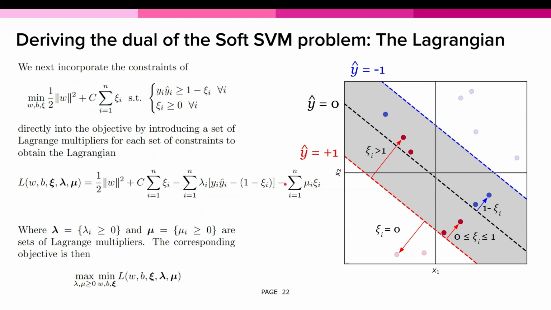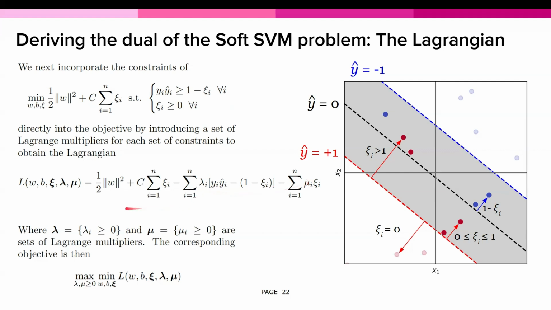We introduce these constraints using Lagrange multipliers to form the Lagrangian. It's going to allow us to enforce these constraints while keeping the problem in this unconstrained form. In the Lagrangian now you can see that we have two sets of Lagrange multipliers. We've got lambda sub i, which is used for constraints involving the slack variables and the margin. And then mu sub i, which is used for the non-negativity constraints on each slack variable.